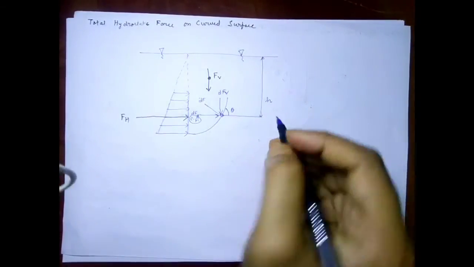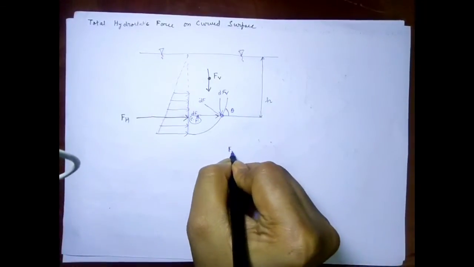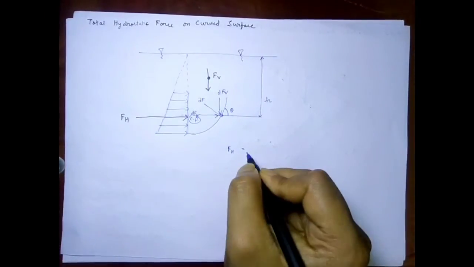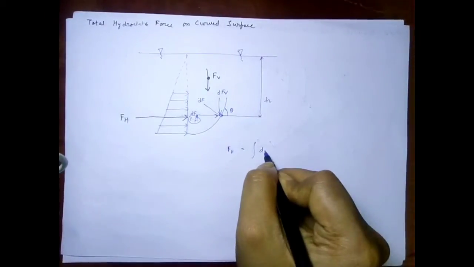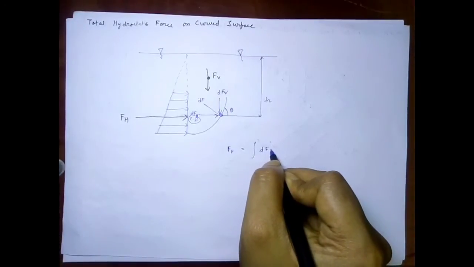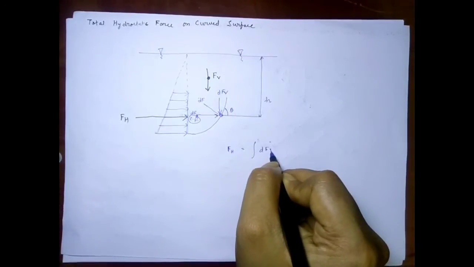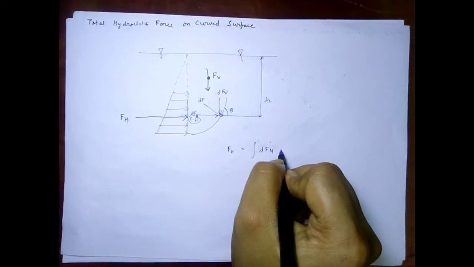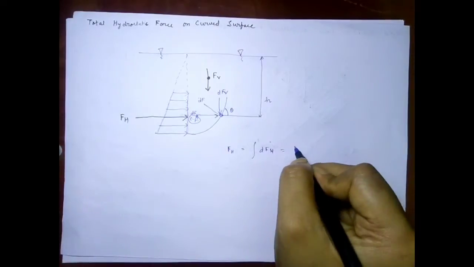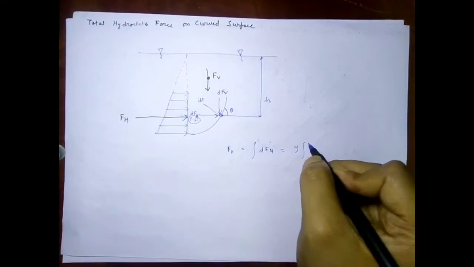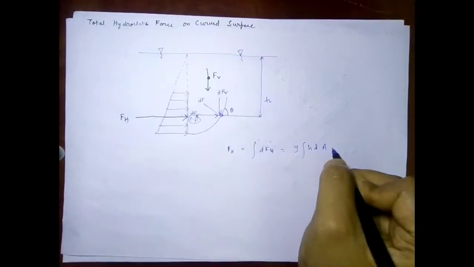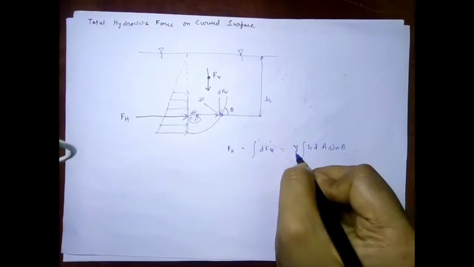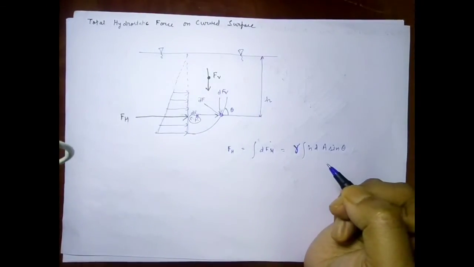So we can calculate the total horizontal force Fh as the integration of dFh, which is equal to gamma integral of h dA sine theta.